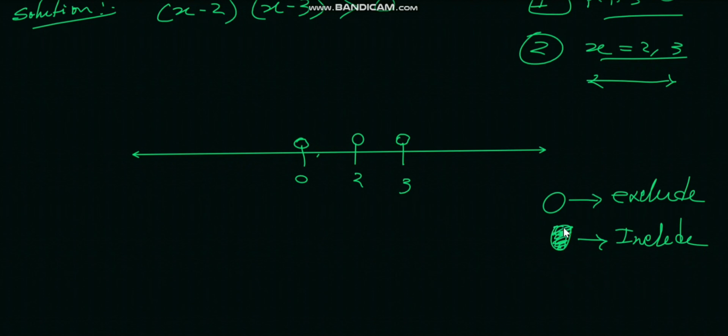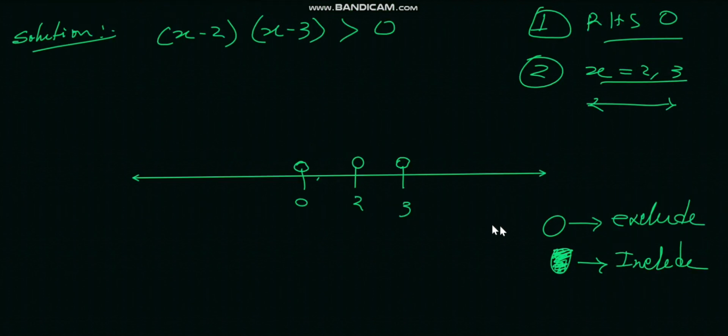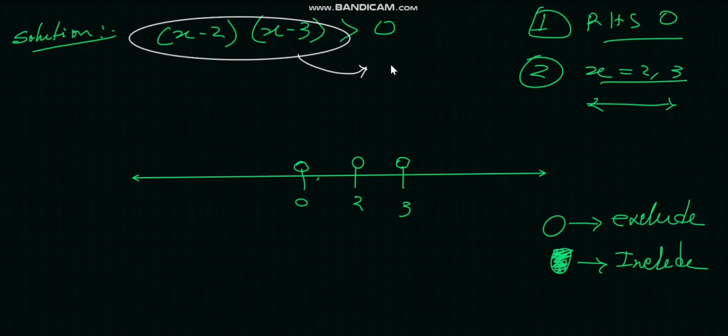If I draw a filled circle on a number, then the number is included, and if I draw a hollow circle, then the number is excluded from the solution. Here this expression must be positive, so we need to find the region on the number line where, for all x, the expression will be positive.